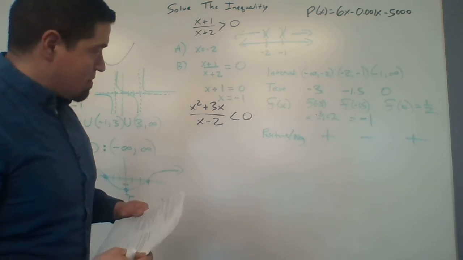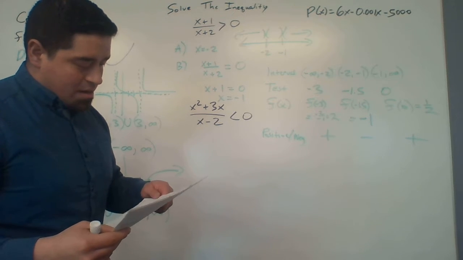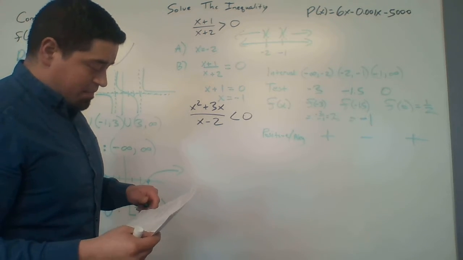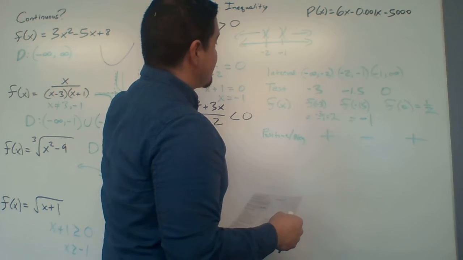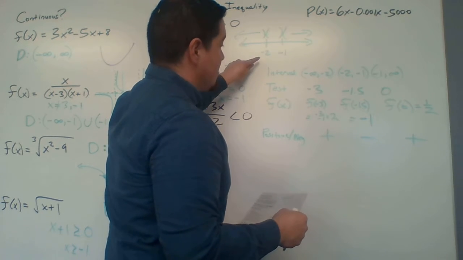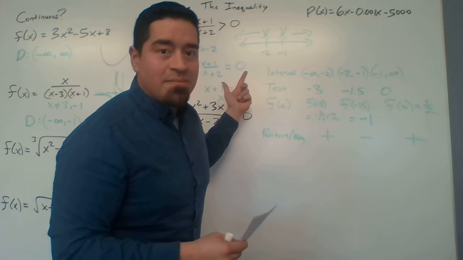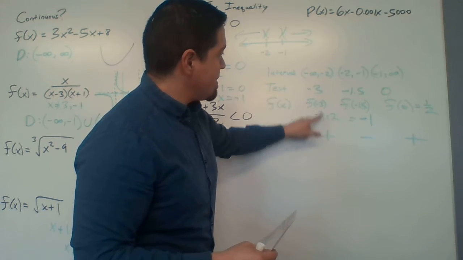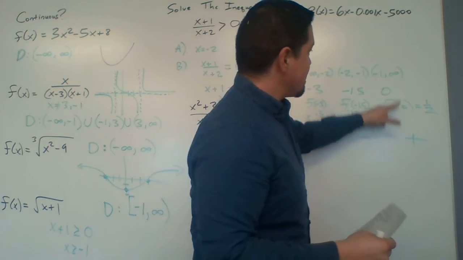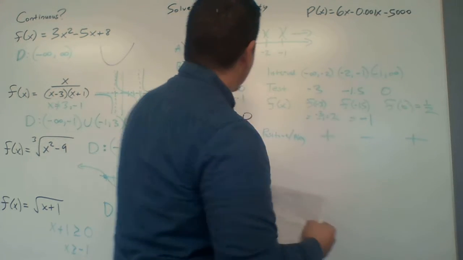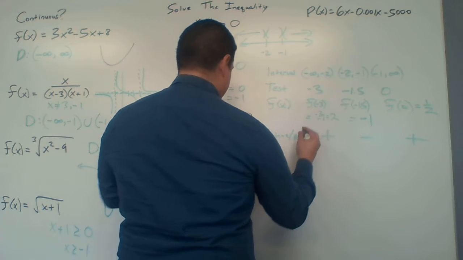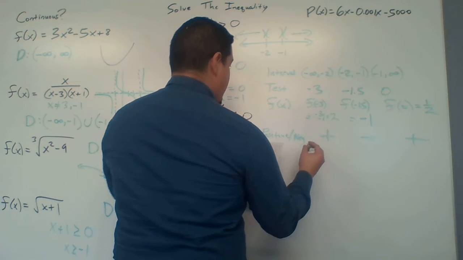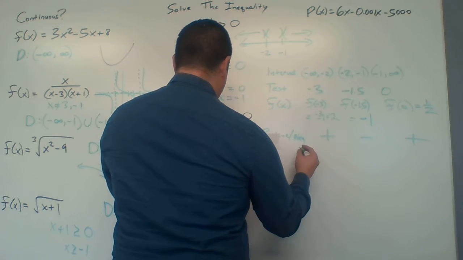So you might be thinking, well, how does this answer the question? The question is to solve the inequality, where I want to know when f of x is greater than 0. In other words, when is it positive? Okay, it's positive here, positive here. We've answered the question. So the solution would be where x is positive, solving the inequality.